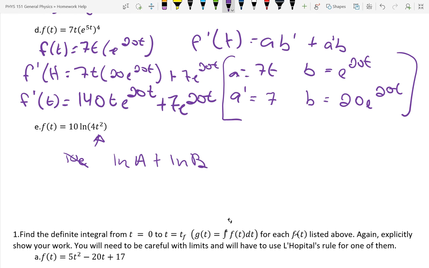So what we have there is natural log of 4, a constant, and then t squared, which has our variable. So we can separate that, and we would have 10 times natural log of 4 plus 10 times, well, if it's a constant, wouldn't it just be 0? After we do the derivative, yes. But first we're simplifying before we do the derivative.